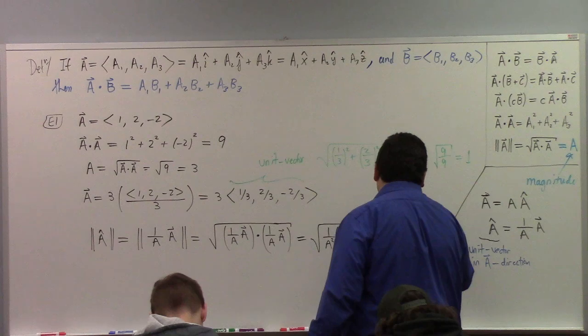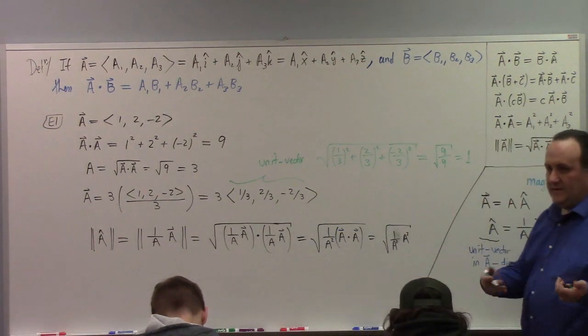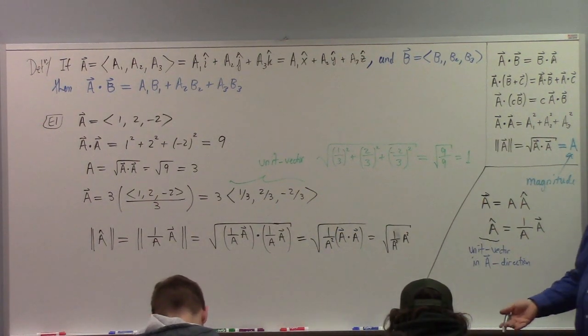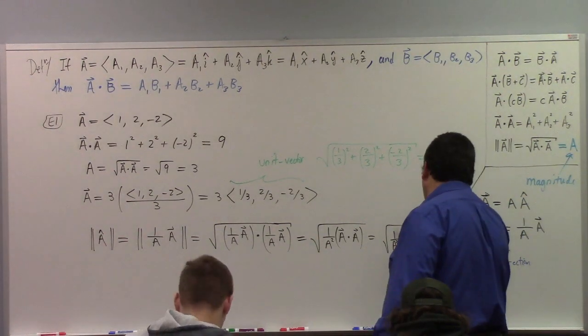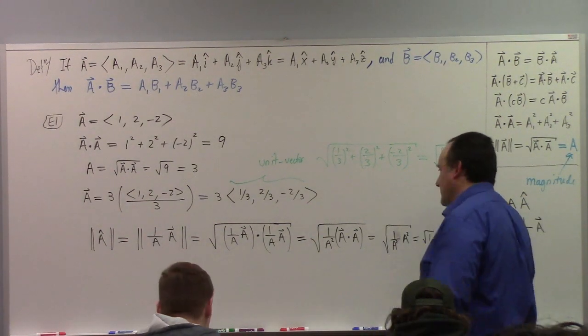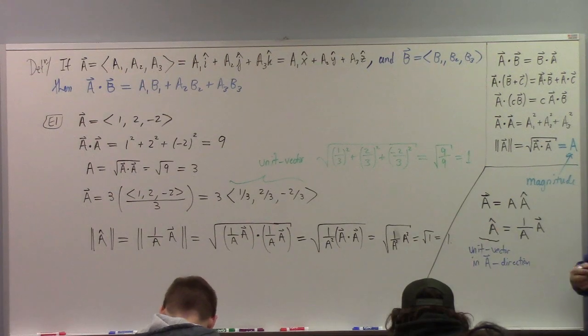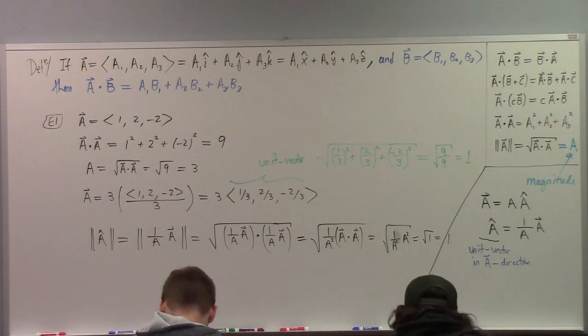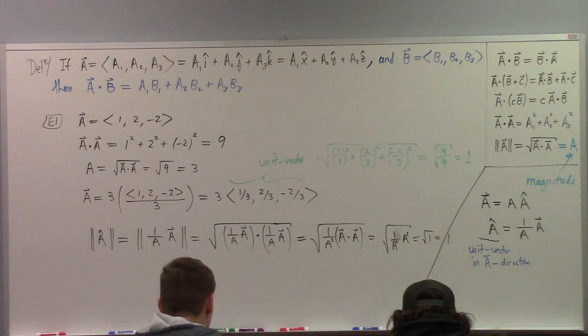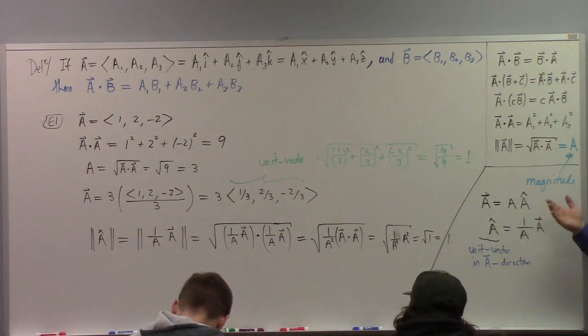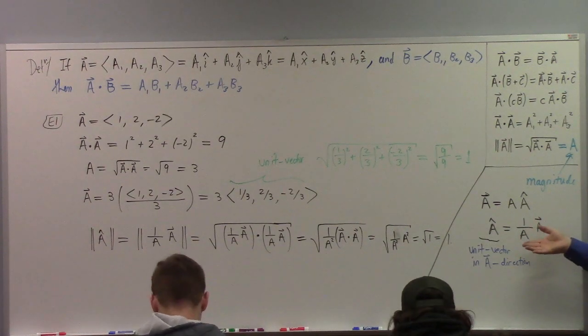This is |a| squared times 1 over |a| squared, also known as 1. Square root of 1? 1. This calculation holds for any non-zero vector. So if you want to create a unit vector in the direction of a vector, you simply rescale by the reciprocal of its length.